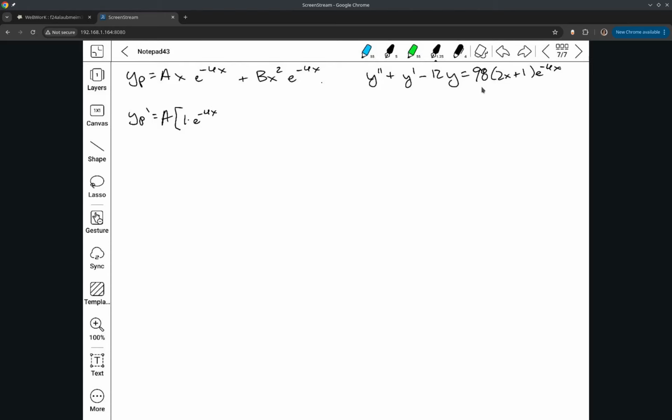That's taking derivative of x. Plus x times minus 4 e to minus 4x. That's taking derivative of e to minus 4x. And then similarly, I'm going to have 2x as the derivative of x squared, e to minus 4x plus x squared times minus 4 e to minus 4x.